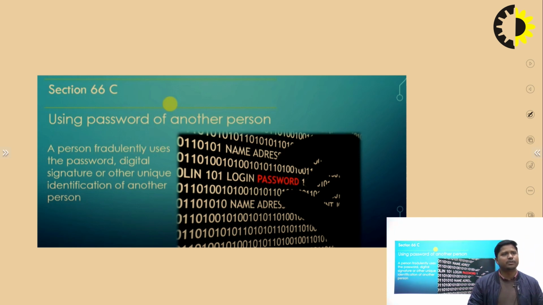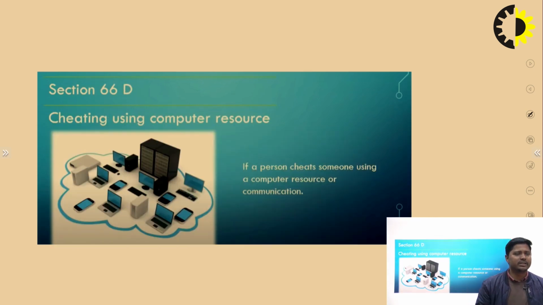A person fraudulently, without their consent, uses the password, digital signature or other unique identification of another person. So this type of activity will be dealt with in Section 66C.